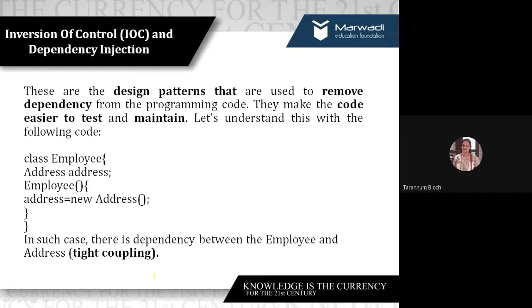In the second line, for Address, I have just declared the object. And now I am saying address is equal to new Address. This is called instantiation. Instantiation means giving a value to the object or assigning the memory to the object.